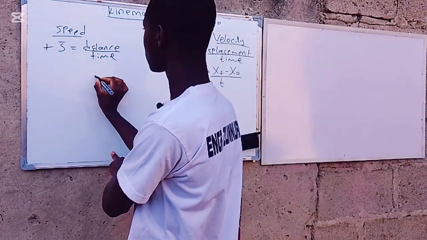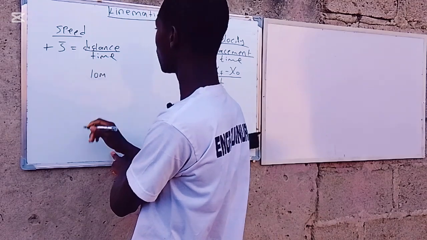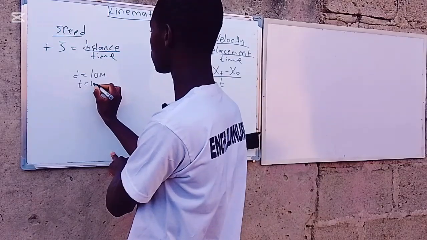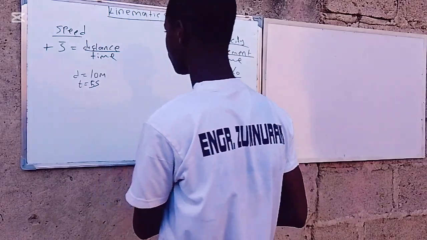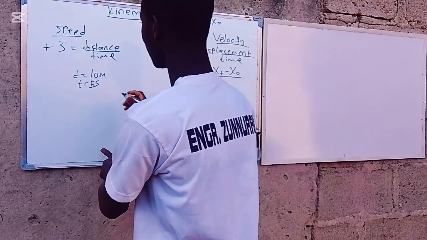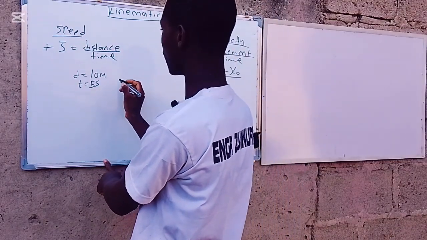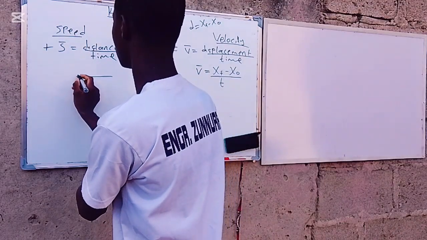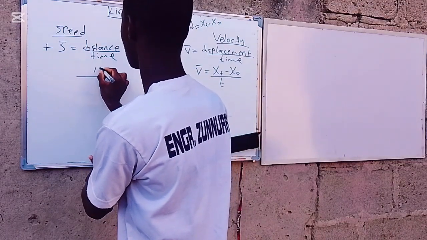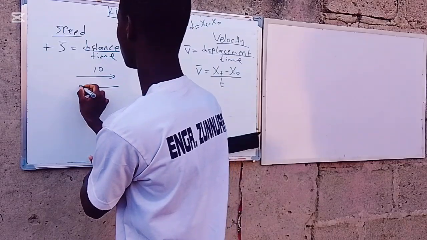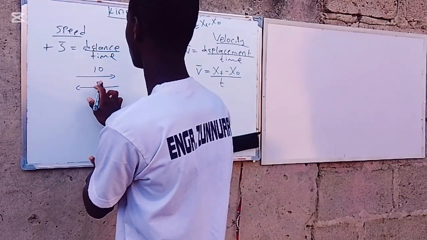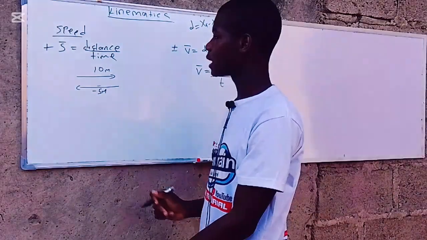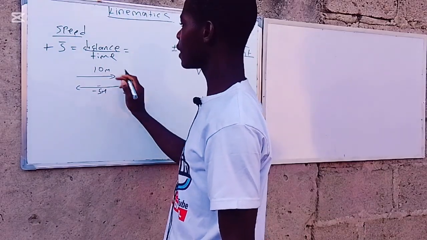Suppose I am given a distance of 10 meters and a time of 5 seconds. Or say I am given a distance moving toward this side of 10 meters, and toward the other side of 5 meters. What will be the average speed of this?